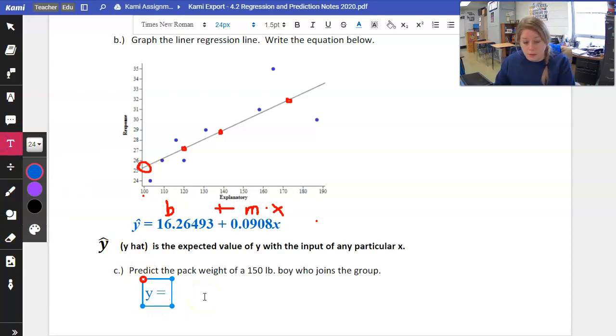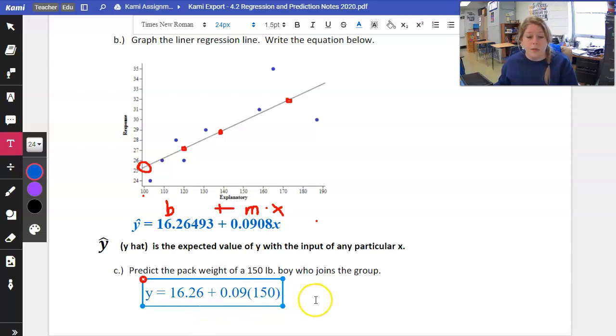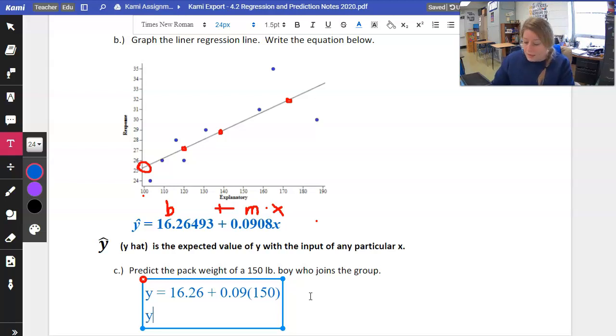So y equals 16.26 plus 0.09 times 150 pounds, because the body weight was the x coordinate, and you're going to solve that out. 0.09 times 150 plus 16.26. So your y hat, not just y, your y hat is approximately 29.76.